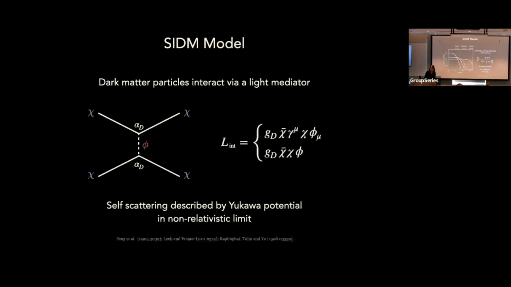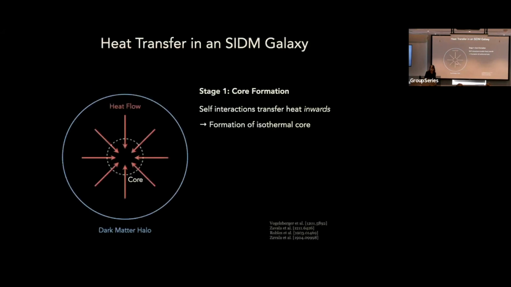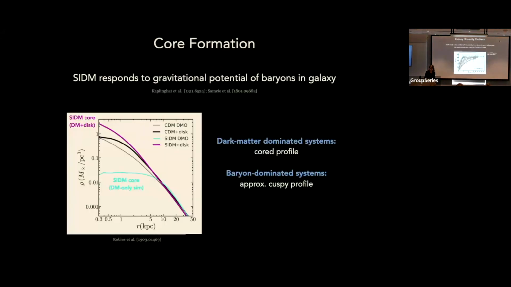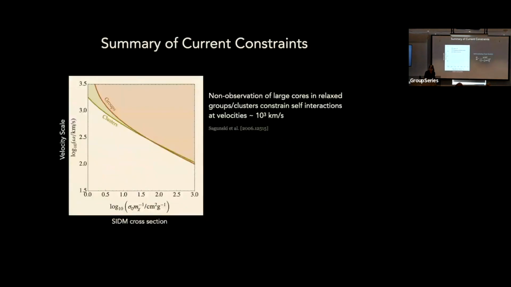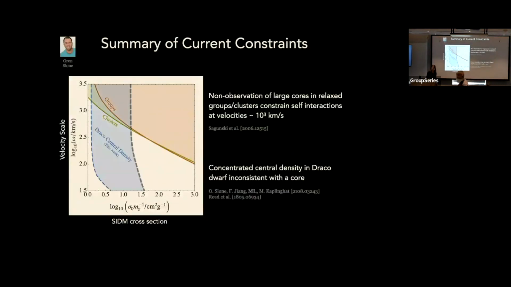So what I showed here when making these constraints was trying to be very agnostic about whether or not the dark matter was interacting with the standard model. In some sense, these are the most generic constraints you could place on the dark matter if it's self-interacting.